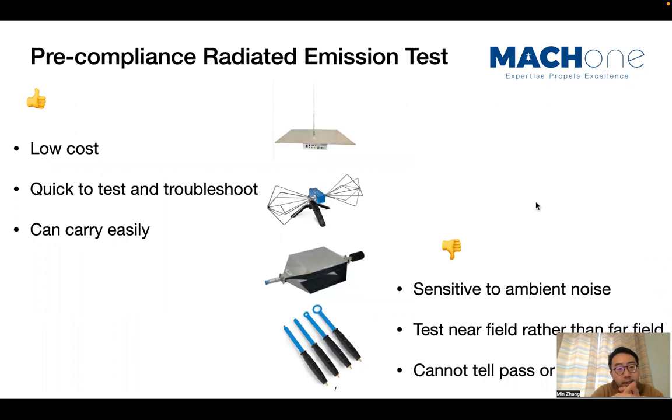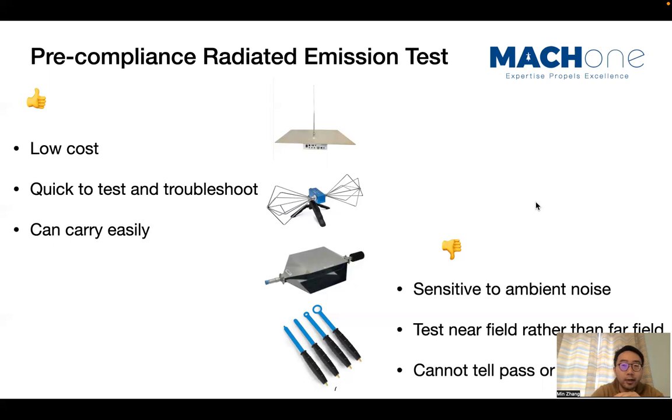Thus, we really need what we call the pre-compliance radiated emission test. A pre-compliance radiated emission test is a test that you can perform in your own benchtop setup, in your office, in your factory, and the cost is often very low because you only need a couple of low-cost test equipment.